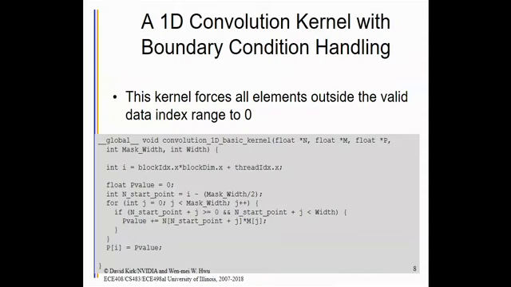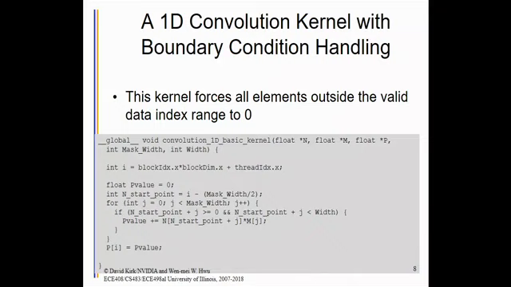So the 1D convolution is actually fairly easy to write as a kernel. We can write a basic 1D convolution kernel very, very easily. By this time, you have already written CUDA kernels, so it's fairly easy for you to do this now. Remember, the output is a one-dimensional array.